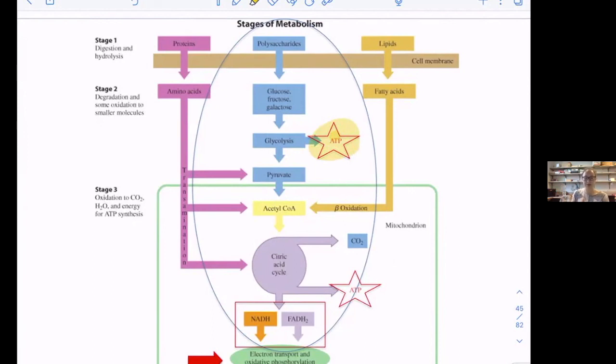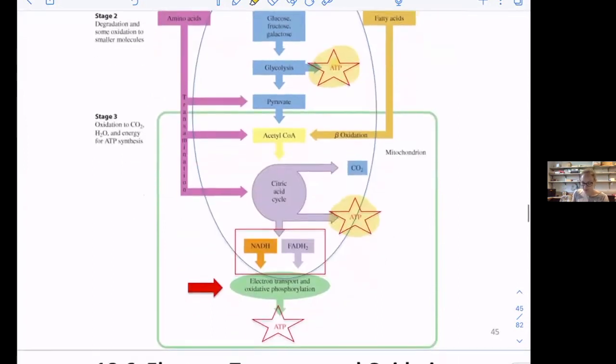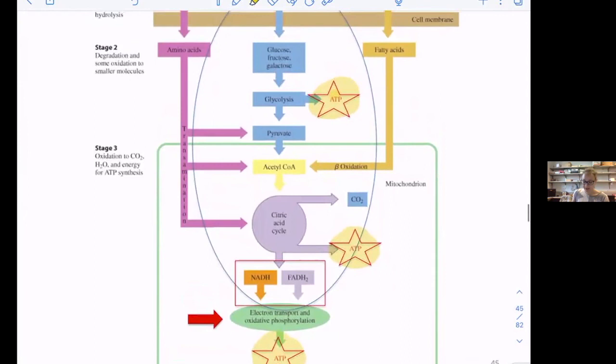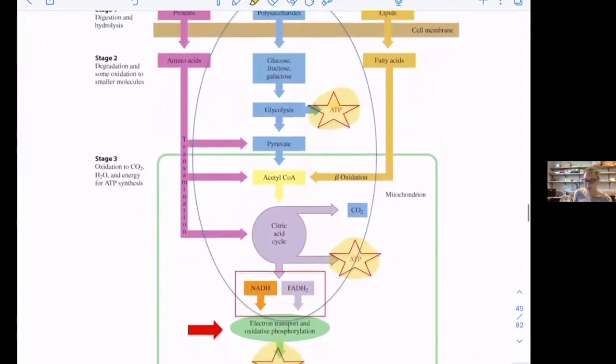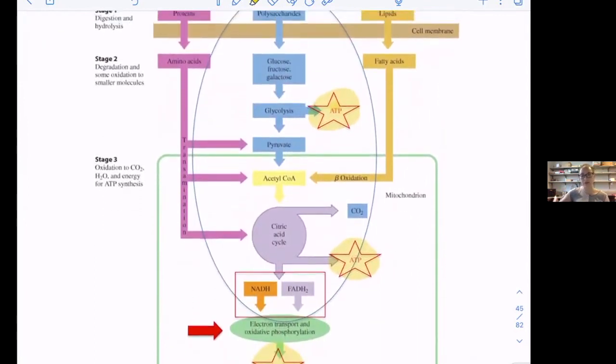Pyruvate then forms acetyl-CoA, and acetyl-CoA enters the citric acid cycle, which makes a lot of ATP and CO2, and also forms NADH and FADH2, which go through electron transport and oxidative phosphorylation, which is the next section of the chapter. We form even more ATP. That's what we're going to be talking about coming up. This is just an overview of how all of this that we're talking about fits together.